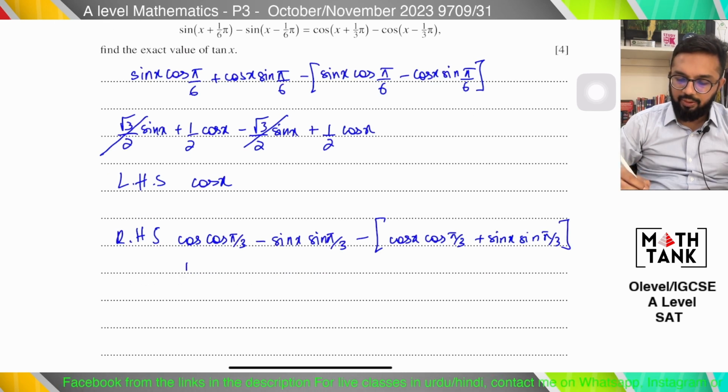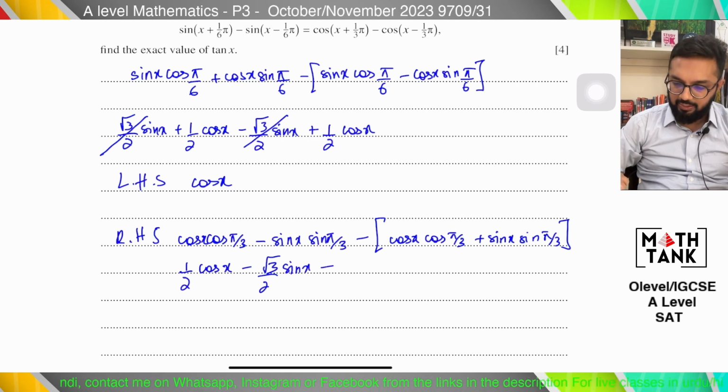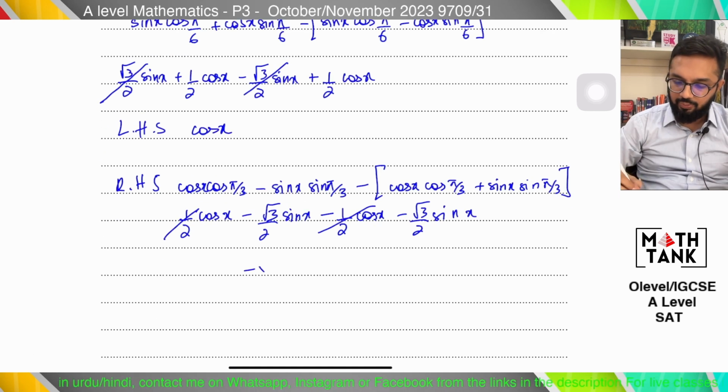So cos pi over 3 should give me half cos x minus root 3 over 2 sine x, minus half cos x. So I get minus root 3 sine x on the right hand side.